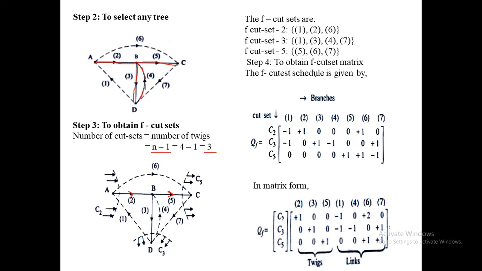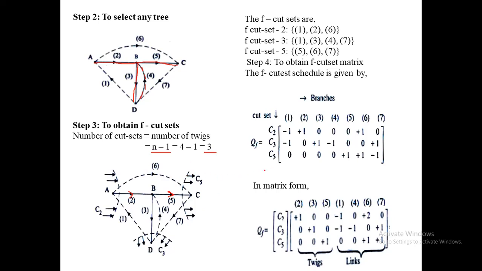Next we have to write the F cut set schedule. For that, in this row we have to write the values C2, C3, C5, the solid line branch values. Next, the columns 1, 2, 3, 4, 5, 6 till 7, because it has 7 branches.